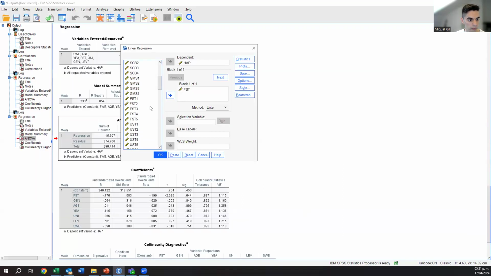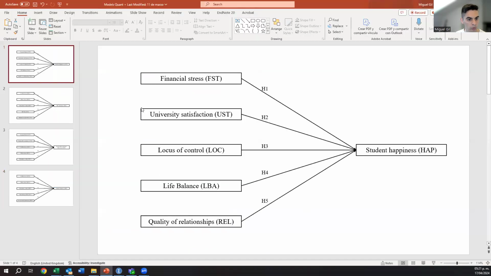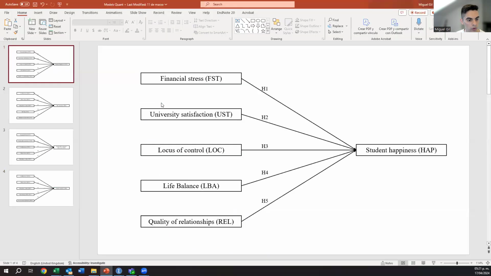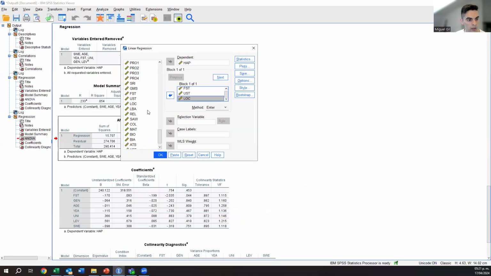So where is it? Here it is. So we start with university satisfaction. It's here. Then locus of control, life balance, and quality of relationships. And in the end, we also include the previous controls, the general controls, and it should look like this.